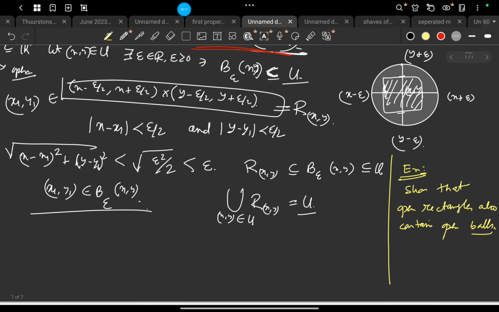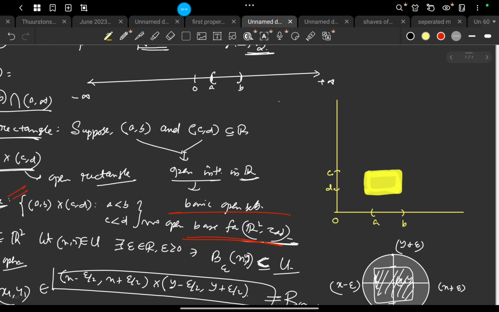Let me give you a brief idea. Suppose you consider an open rectangle like this. This is my (a, b). This is my (c, d). Let us take any particular point here, this (x, y).